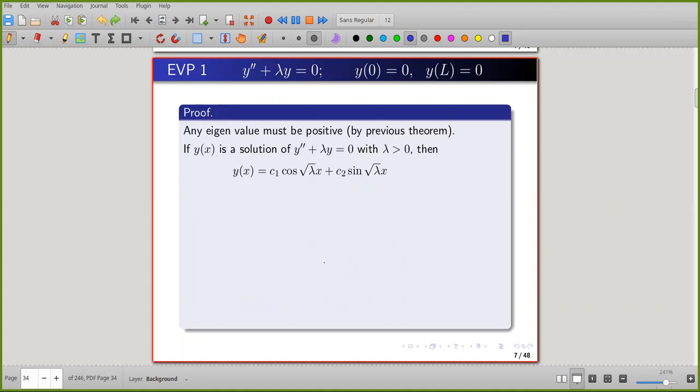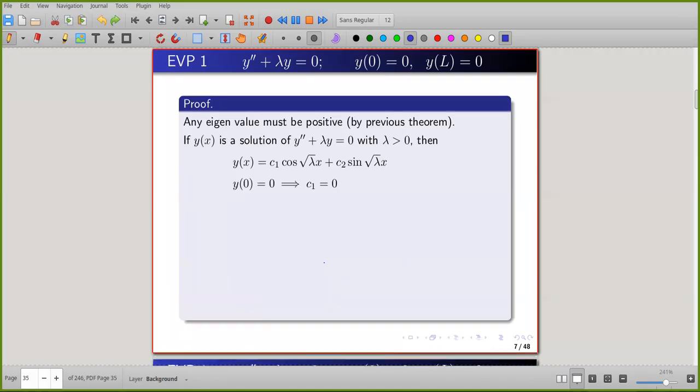So now we just put in the boundary conditions and see what happens. y of 0 equal to 0 implies c1 is equal to 0. That's obvious because the sine term is just going to vanish when we put 0, and the cosine term is going to be 1, so we just get c1, and that is 0.